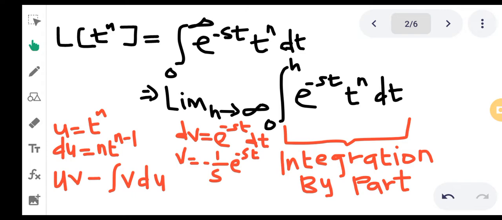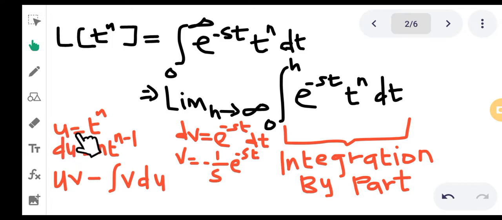So you make a substitution for your u to be t exponent n. Then you make your dv to be e exponent minus st dt. So this t exponent n is your u.